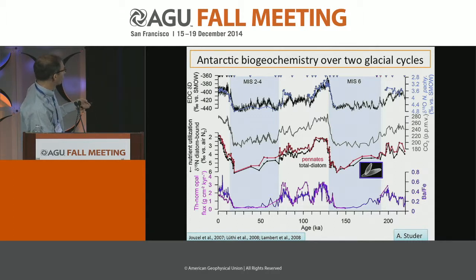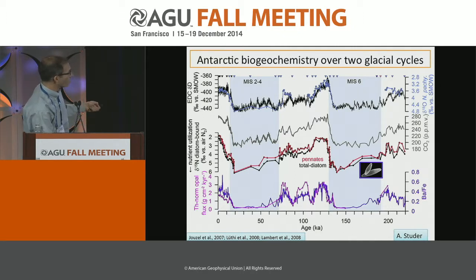What these records show is higher, so I should say N15 to N14, or delta N15, is plotted increasing downward here. So increased nutrient consumption would be downward on this plot. Higher surface nitrate concentrations would be upward. So what we're seeing for the ice ages is more complete nitrate consumption, lower surface nitrate concentrations during the ice ages, and yet these are times when export production, biological productivity, appears to be lower.